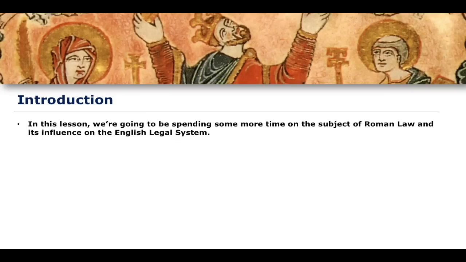As I mentioned in the previous lesson, the English legal system, if you study its history, is a study of various different institutions and legal systems, from the Romans to the Anglo-Saxons to the Norman conquest, and the development into that.